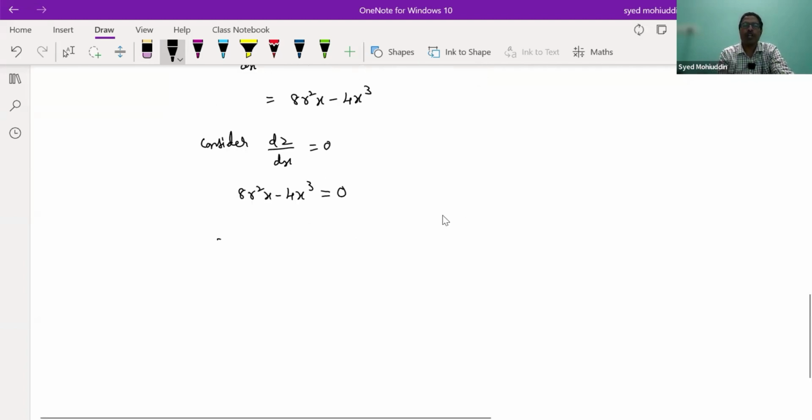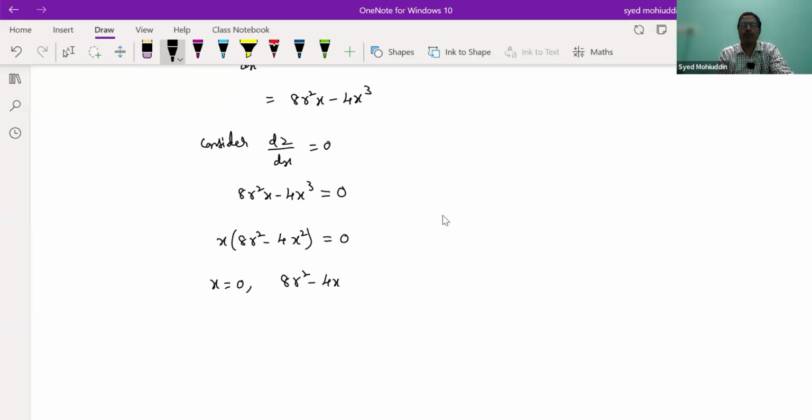I can take x common, and I'll be left with 8r square minus 4, out of x cube, 1x is gone and x square is left, equal to 0. Now I can put x as 0, that is one value, then 8r square minus 4x square will be 0. Because I want to find out x, I'll retain this minus 4x square as it is.